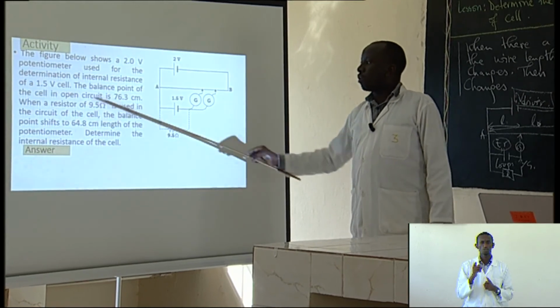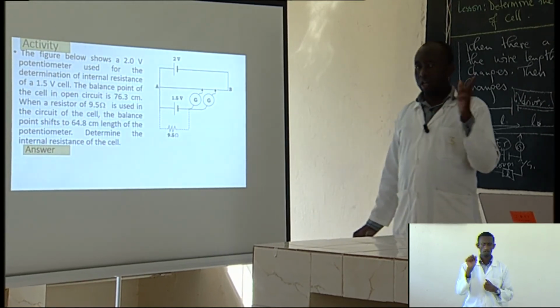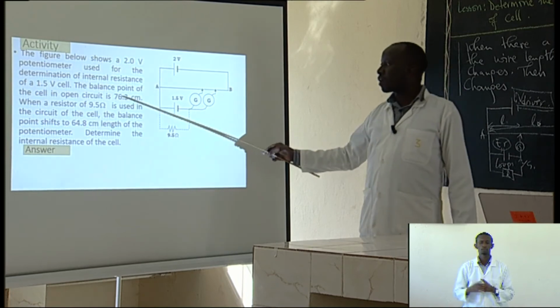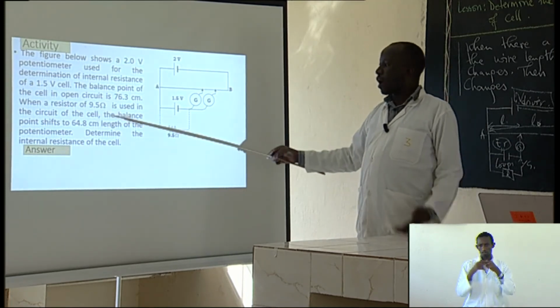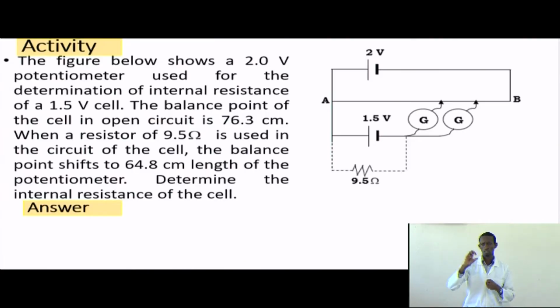The balance point of the cell in open circuit, remember, in open circuit, is 73.3 centimeters. When a resistor of 9.5 ohm is used in a circuit of the cell, the balance point shifts to this length of the potentiometer. Then determine the internal resistance of the cell.